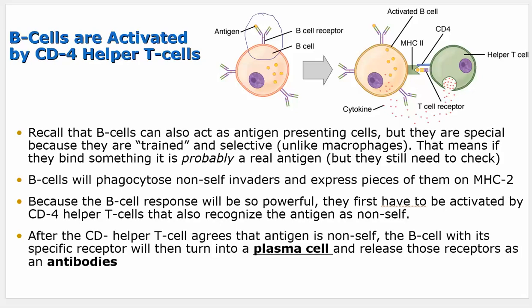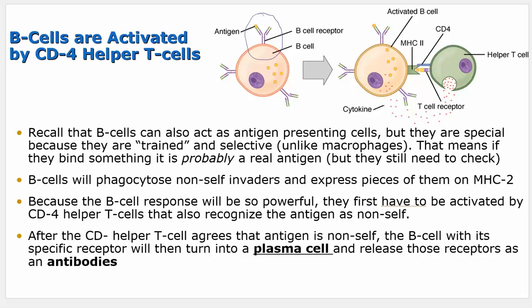It's like, hey, this doesn't look right to me. I don't want to admit it, but I can make a mistake. And so it checks with the CD4 cell, and the CD4 cell says, yeah, it doesn't look right to me either. We're good to go. Let's kill this thing. So it will check with that CD4 cell just like the CD4 T helper cells did with macrophages. Only in this case, when it sees it on a B cell, it activates that B cell.